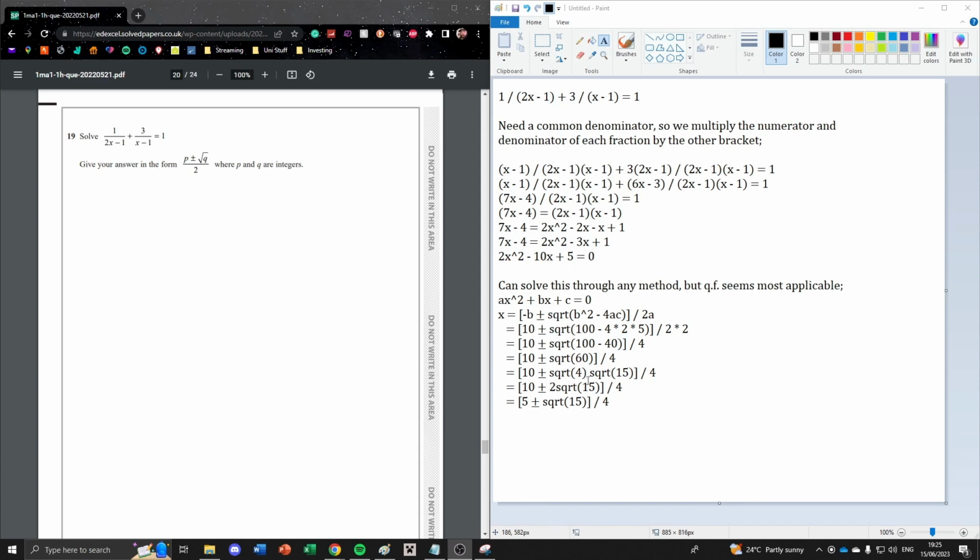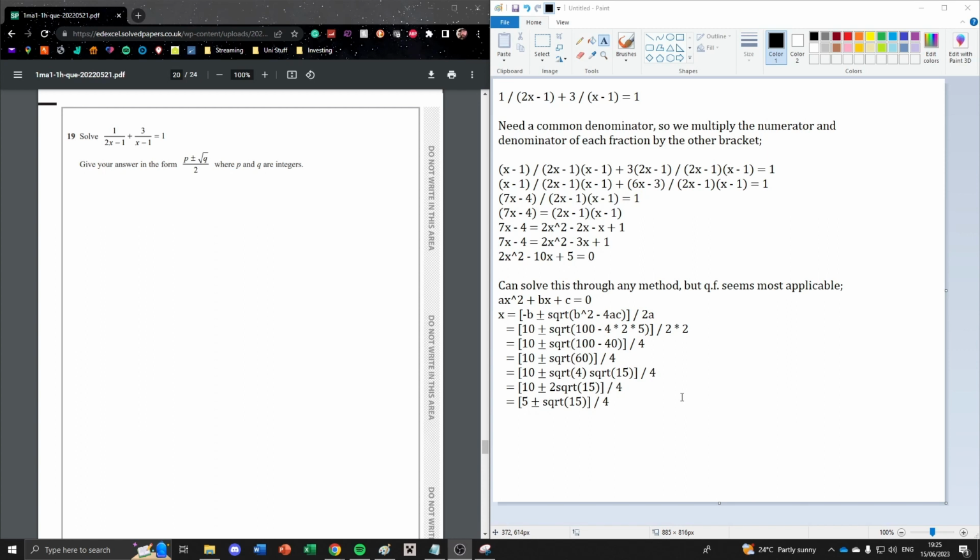And we can use a very useful trick here with square roots: if we have the square root of some number, we can write it as the square root of two numbers separately that multiply to make that bigger number. So in this case, we can write 10 plus or minus the square root of 4 times the square root of 15, and that's equivalent to the square root of 60. The reason why we do this is because in our answer form we want divided by 2, and right now we've got divided by 4.